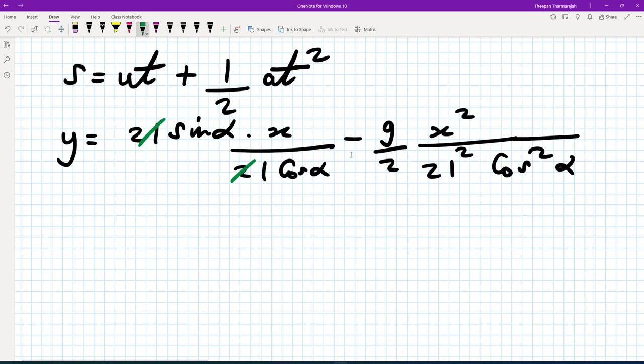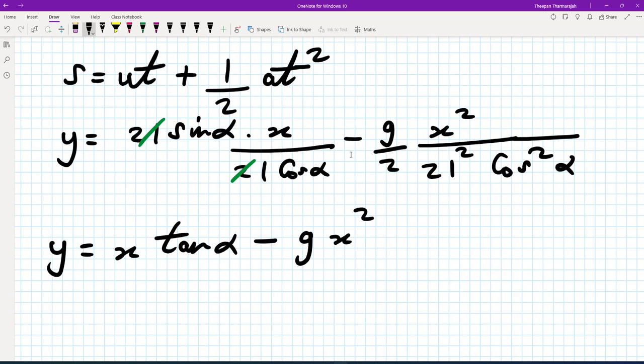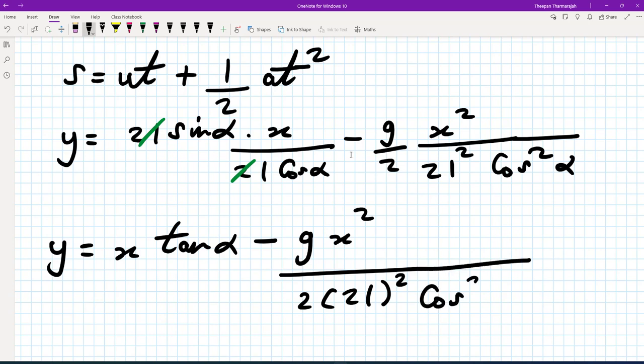So 21 and 21 cancel. So I get y equals x sine over cos is tan alpha. Now I'm going to write this as follows: g x squared over 2 times 21 all squared, all over cos squared alpha.